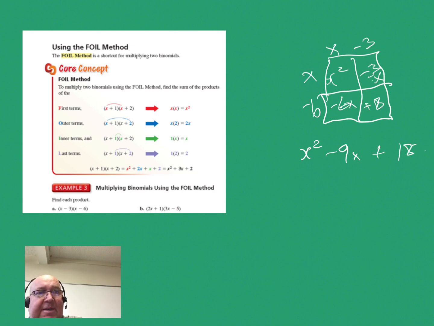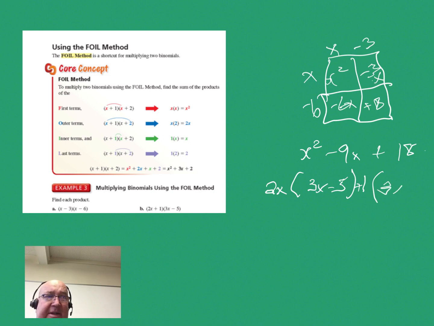And finally, one more. I'll distribute this one. So I'm going to have 2x times 3x minus 5. And then I'm going to have 1 times 3x minus 5.